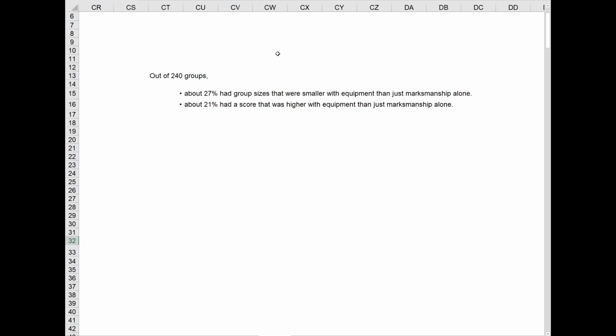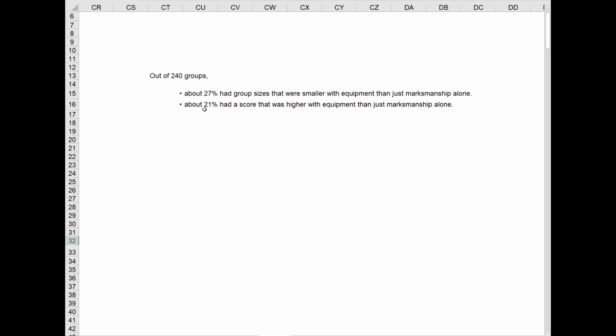And by the same token, about 21% of those groups had a score that was higher with the equipment than with marksmanship alone. So this is a case where your marksmanship skills are supposed to deliver a particular score, and you would think that with equipment that has variation to it, now you're going to score lower.